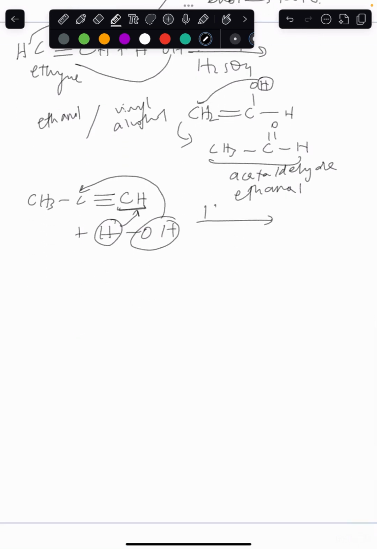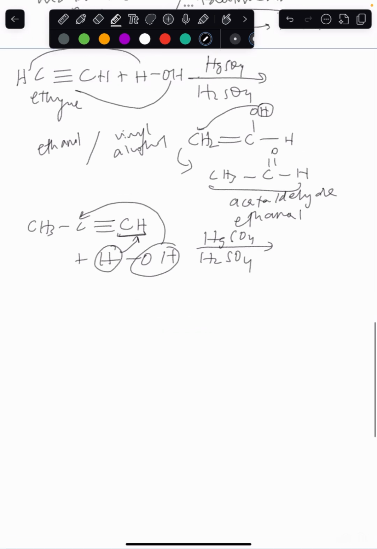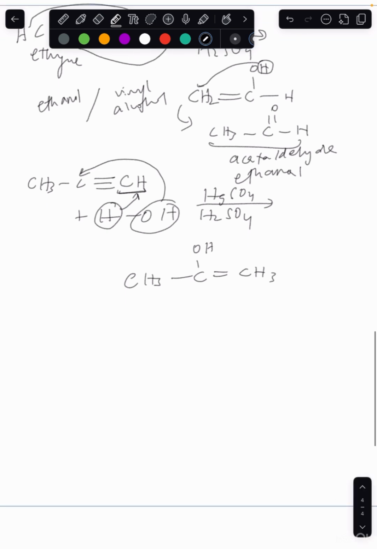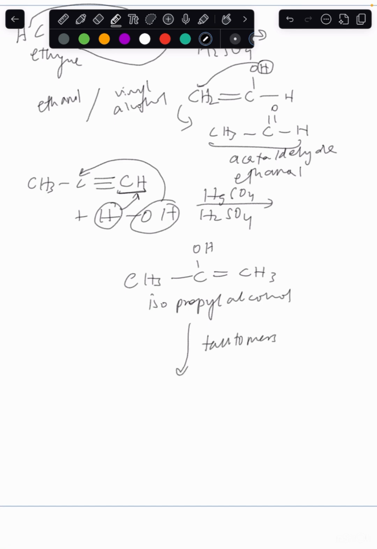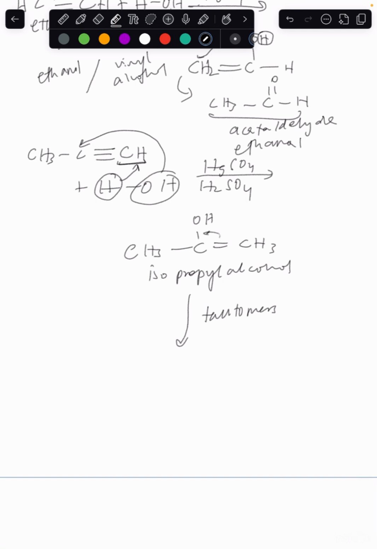With the same reagents, mercuric sulfate and sulfuric acid, this will result in the formation of an enol, which will make another tautomer, in which this will shift over here, and then this hydrogen will shift over here.